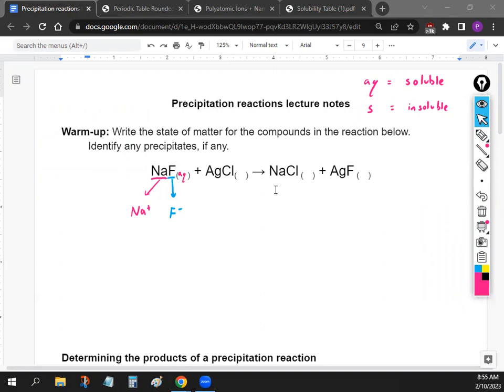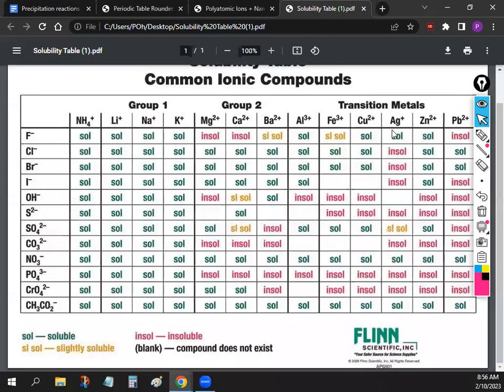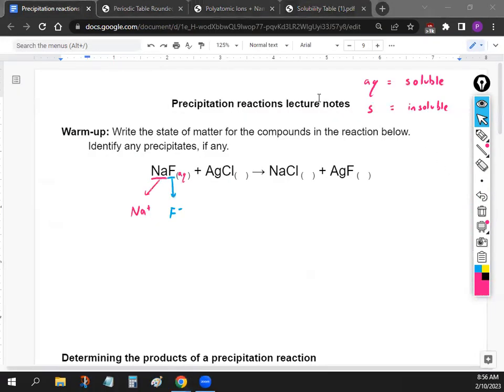So basically, you're just identifying the positive, the negative, and then writing down if it's aqueous or not. Okay, so I'm going to go through the rest of them a little bit more quickly now. We've got AgCl, so obviously it's going to be Ag and Cl. So we go to the table, Ag, line it up with Cl, and it looks like this one is insoluble. So we'll write that it is a solid. Okay.